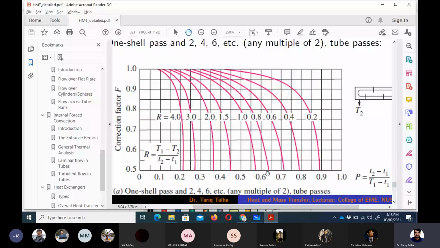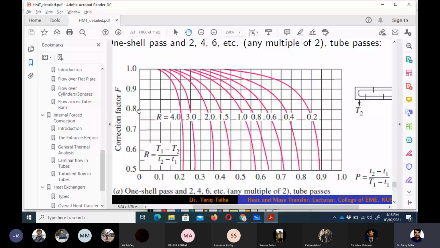If we know the P parameter, and different curves of R are given on this graph. So let's suppose we have got the value of P equal to 0.5, and the R value is equal to 1. So what we will do is draw a vertical line on this graph, and we extend that line to the curve where R is equal to 1, and then where it intersects we draw a horizontal line to read the value of the correction factor.